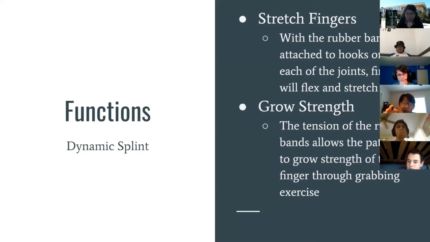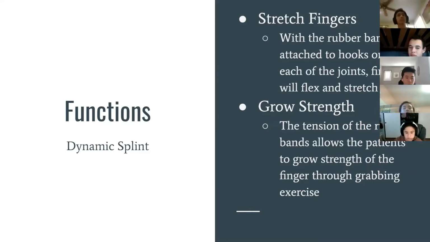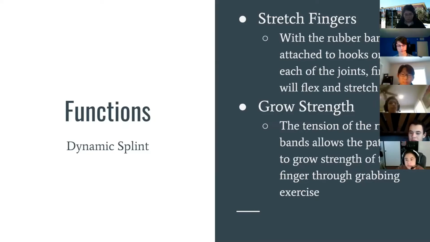For growing strength, the tension of the rubber bands will allow them to build strength by resisting against the tension to grab a rubber ball or do any other exercises that let them grab something and put it in different places.